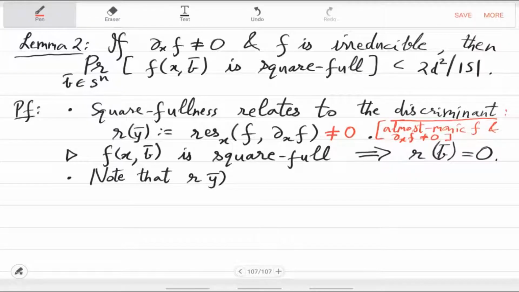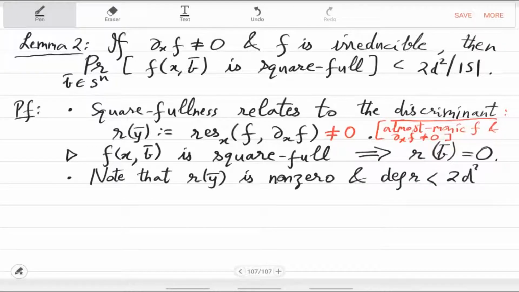Because of these two properties, you can check that R is a non-zero polynomial, and its degree is less than 2d square. That is again a property of the resultant.